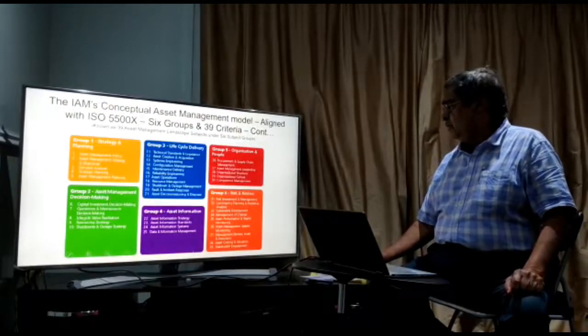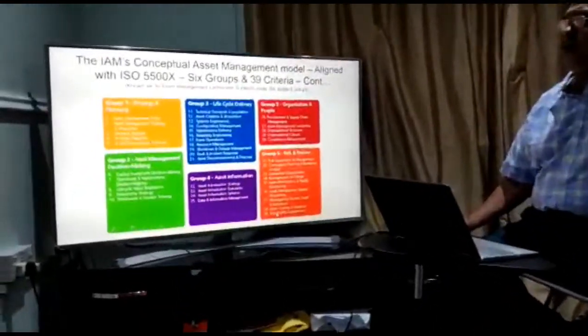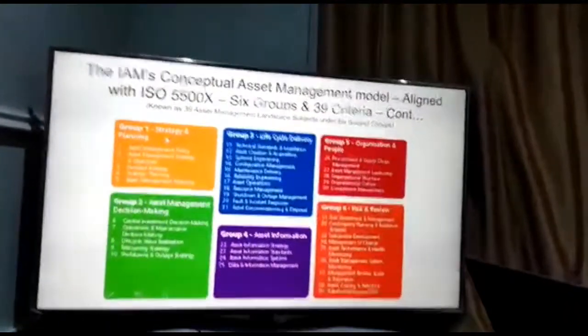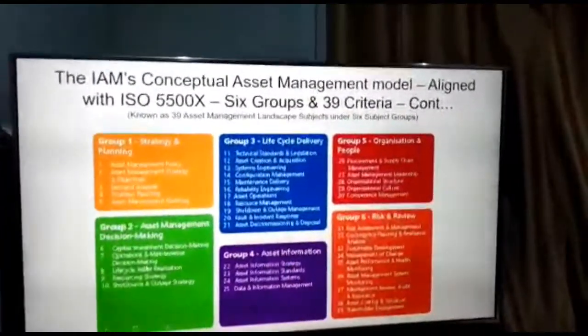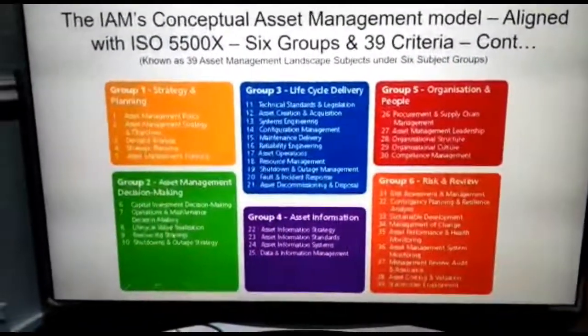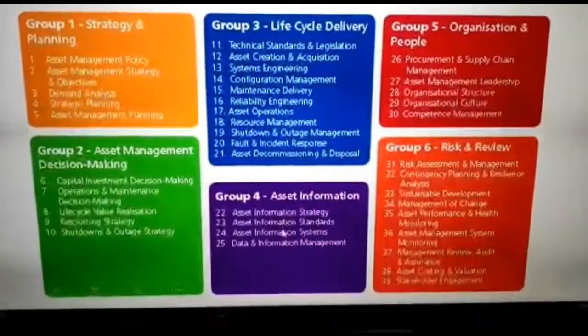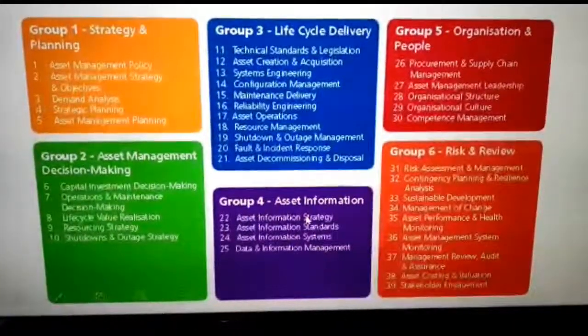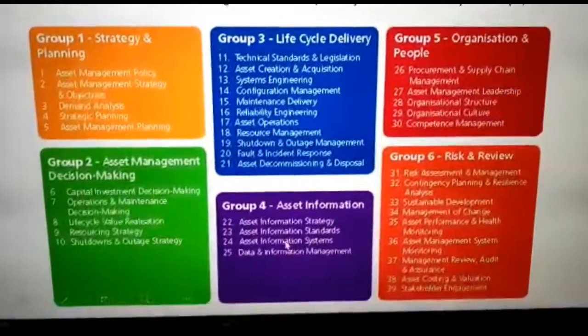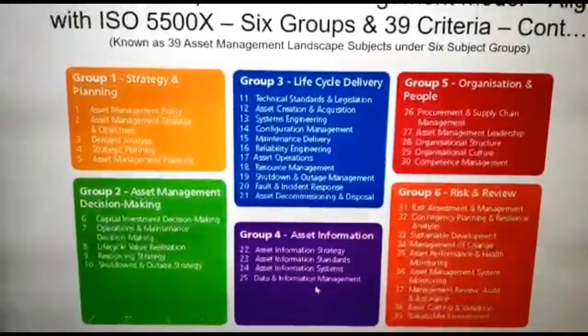There are about 39 criteria we are taking into account, and strategy and planning has about 5 criteria. Asset management decision making has about 5 criteria, and so on. Asset information has 4 criteria: information strategy, information standards, information system, and information management.